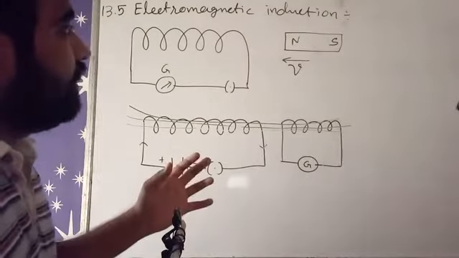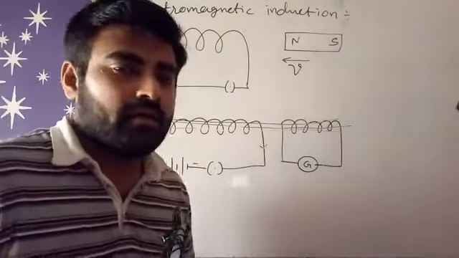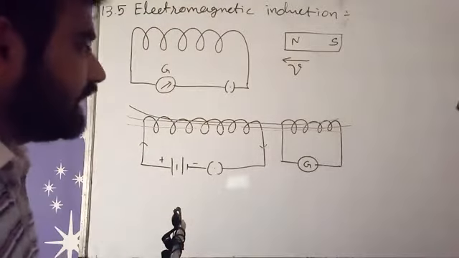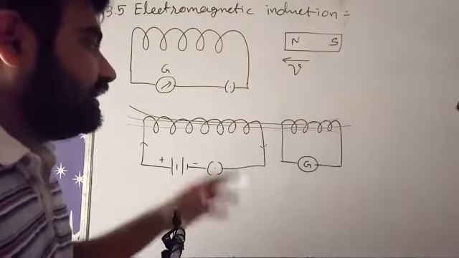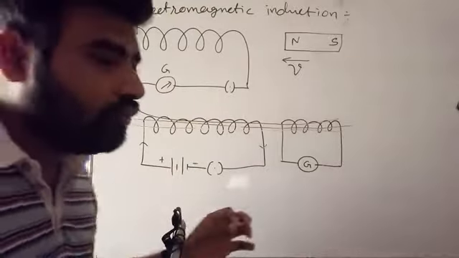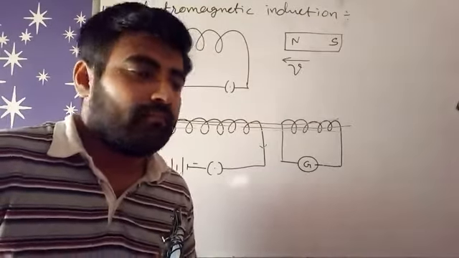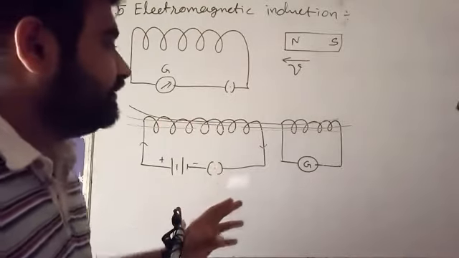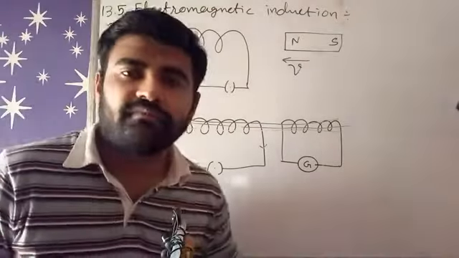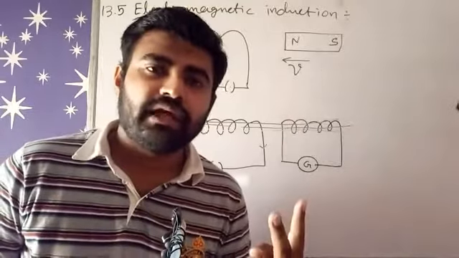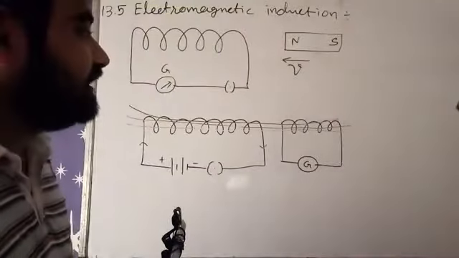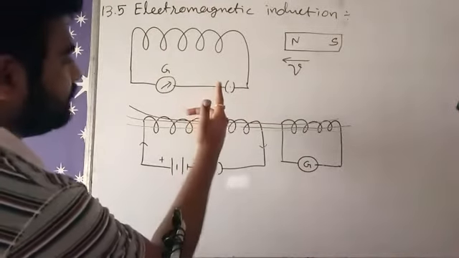So how can we find the motion direction, field direction or current direction? Earlier we discussed Fleming's left hand rule, but now we can find all three directions, though not simultaneously. If we have two directions, then we can find the third, by using the right hand rule.